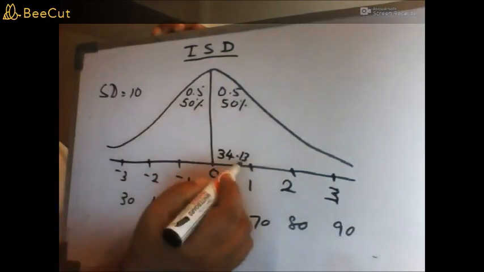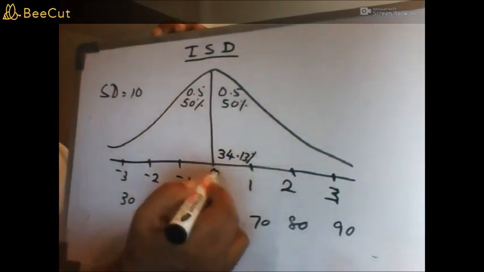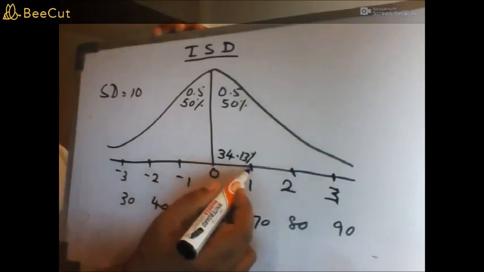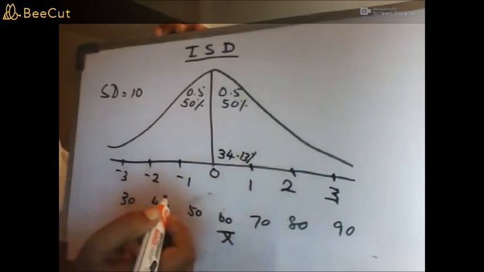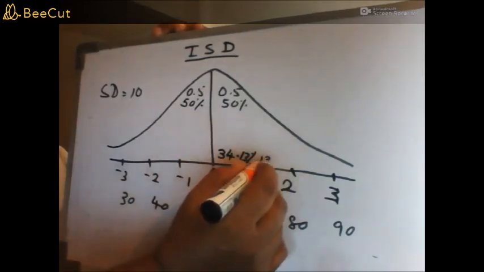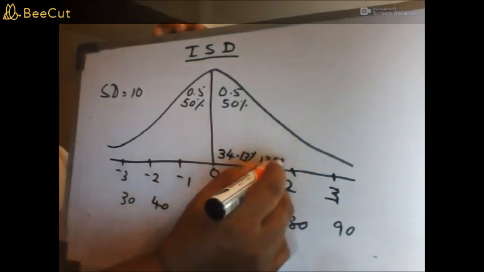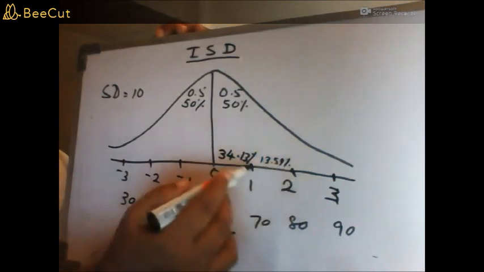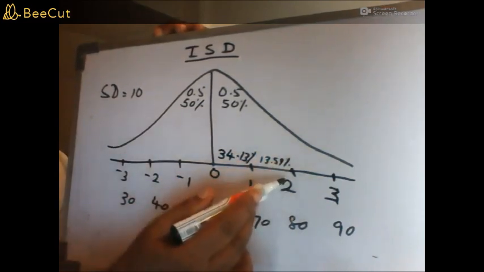34.13%, they come between 0 and 1. Then 13.59% here, between 1 and 2.